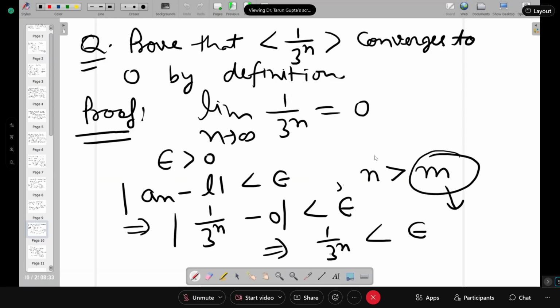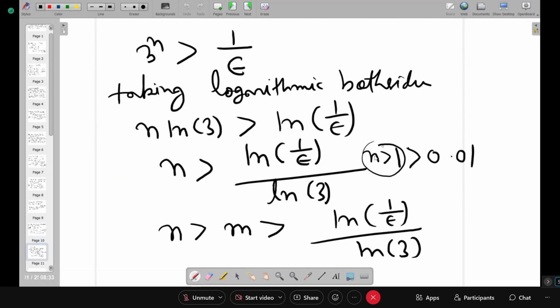Whatever the interval you are getting means bounded, because this is convergent, so you have a lower bound and an upper bound. So the meaning of this is that here we are able to find out m. Because this is a fixed quantity, you can find out the value of m such that this holds. Here you can write this value is equal to m, because from this value the next integer value is the value of m.